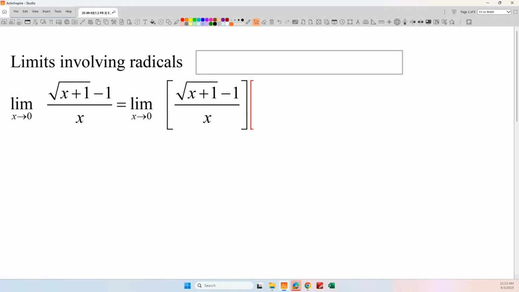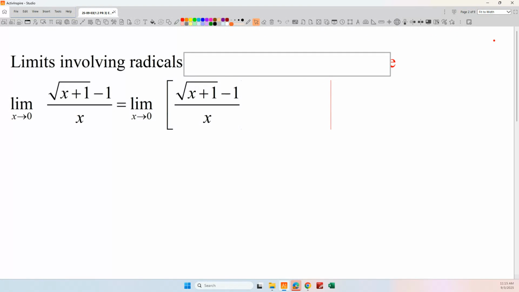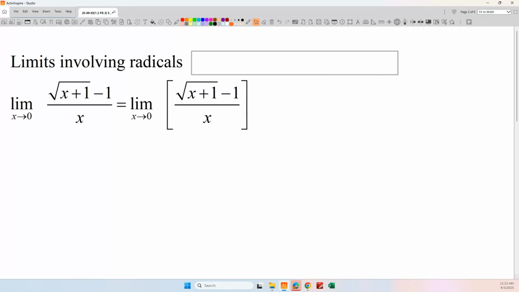So what am I going to have to do, do you think, to somehow deal with this indeterminacy? What am I going to multiply top and bottom by?